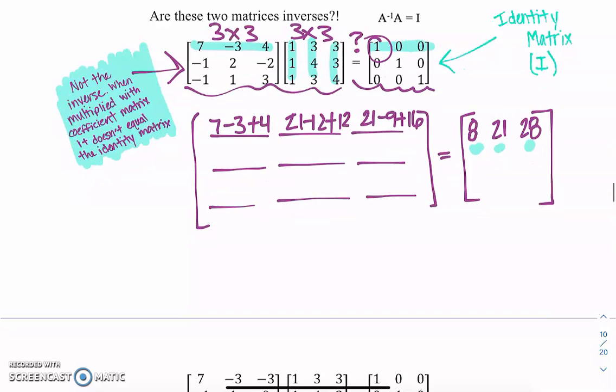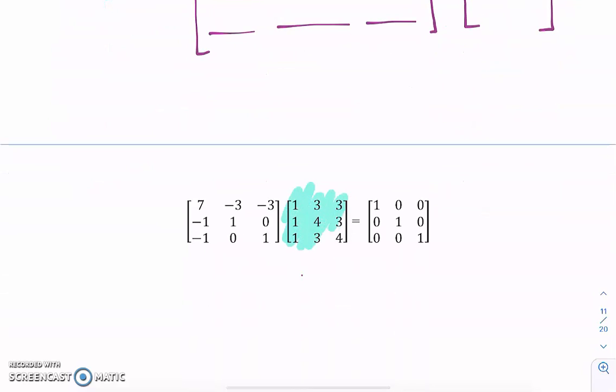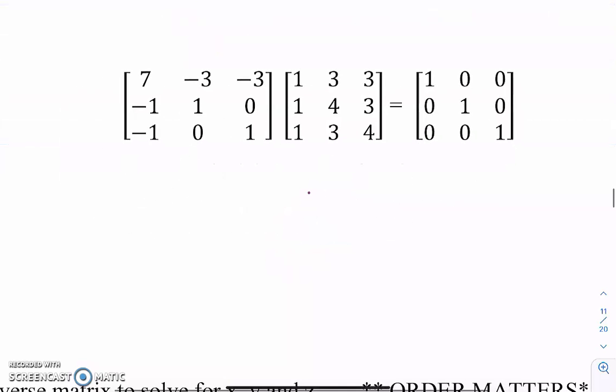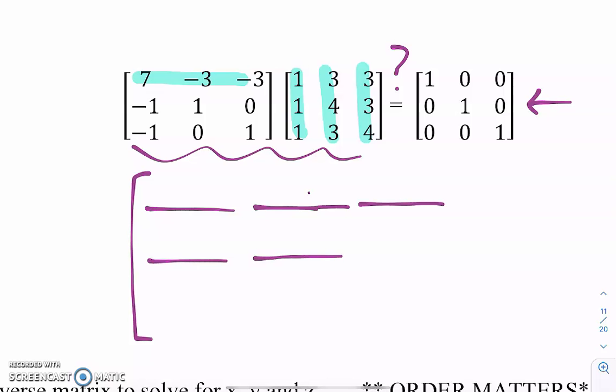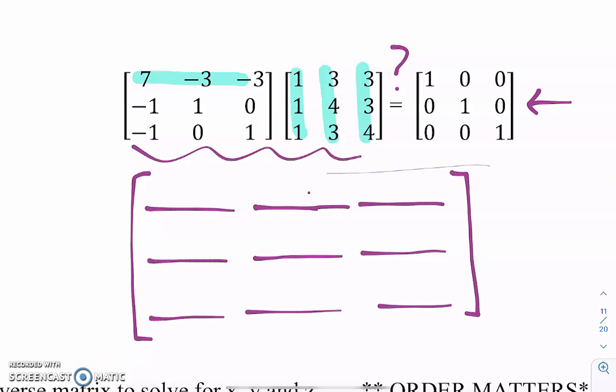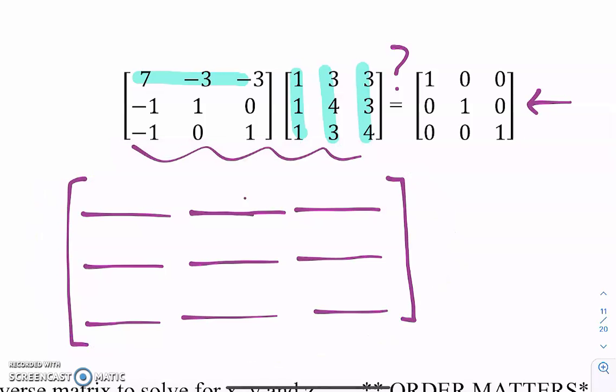Still using our coefficient matrix, in this second example, let's check these two to see if they equal that identity matrix. So, across and down. 7 times 1 is 7, negative 3 times 1.